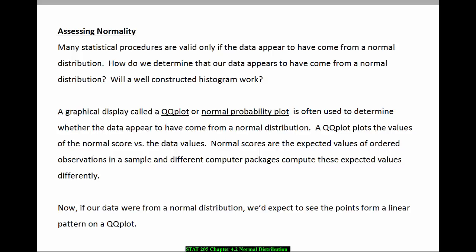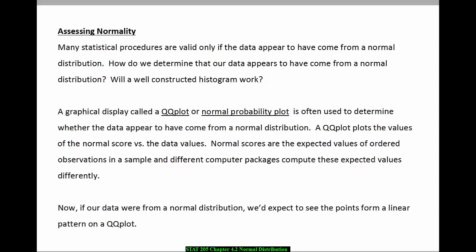We're going to use what's called the QQ plot, or the normal probability plot. The QQ plot stands for quantile quantile. A QQ plot plots the values of the normal scores against the data values themselves. Normal scores are just the expected values of the ordered observations in a sample, and different computer packages compute these expected values differently.